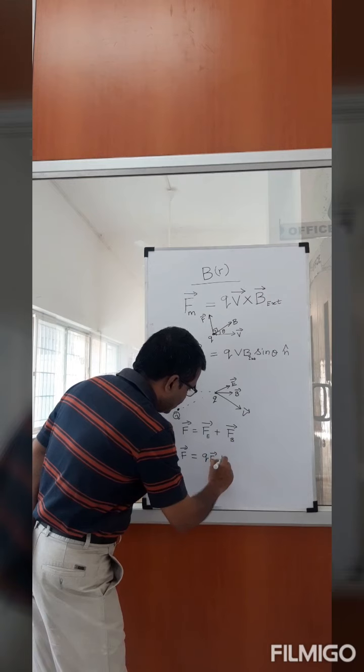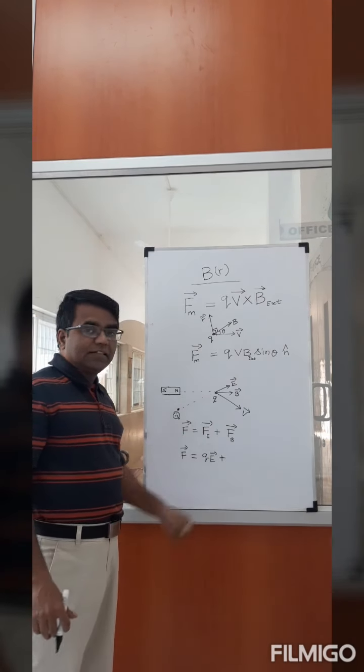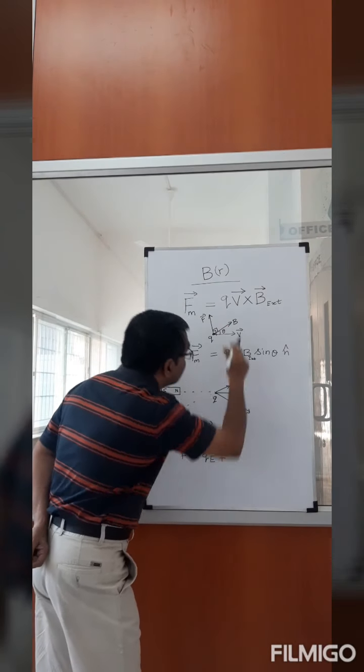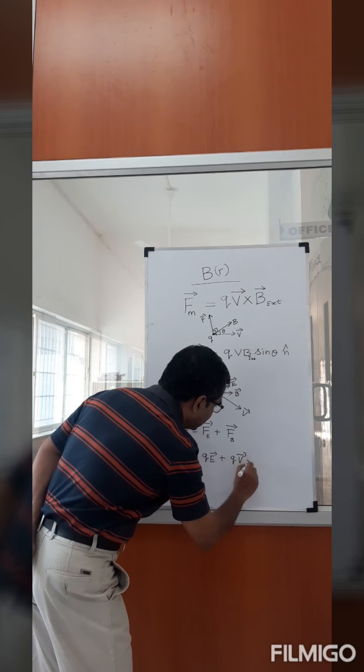And what about the magnetic force? That is given by this equation, which is q V cross B.